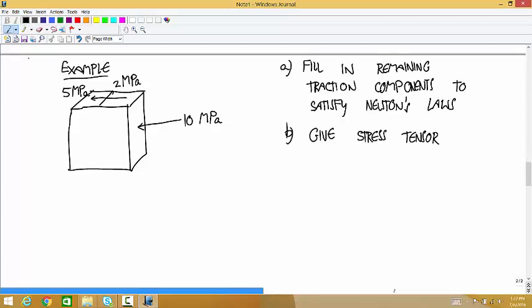Okay, well, for the remaining ones, to satisfy Newton's laws, this one that says 5 megapascals to the left has to be accompanied by a downward 5 megapascals on the x face.